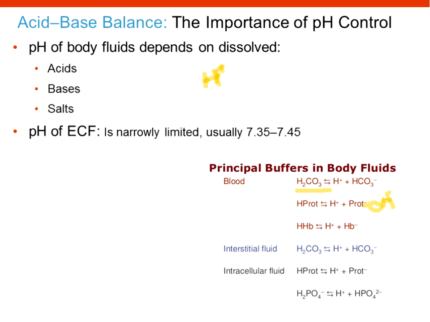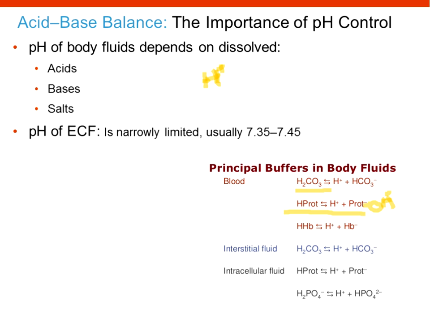So our plasma proteins, our hemoglobin, and carbonic acid, helping to facilitate making and breaking carbonic acid into either the hydrogen and bicarb part or the carbon dioxide and water part, are going to be some of our big buffers in our blood. Okay.